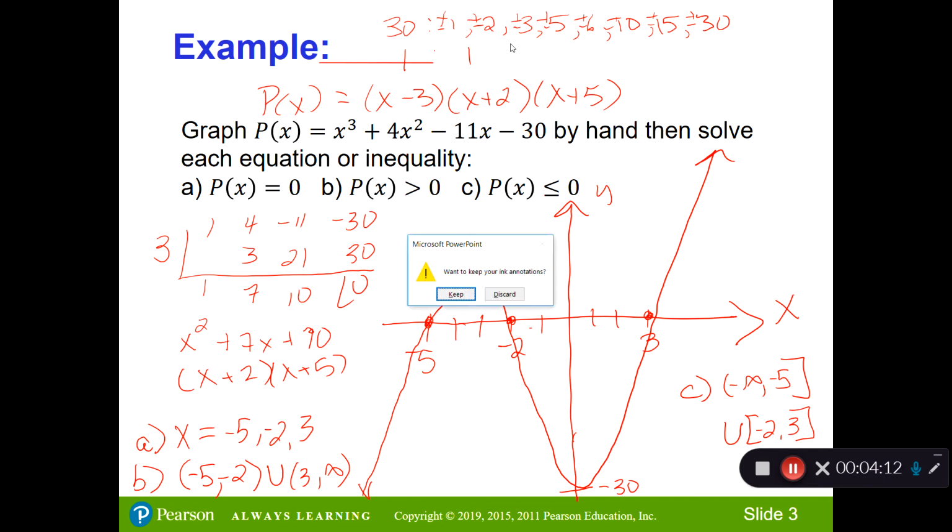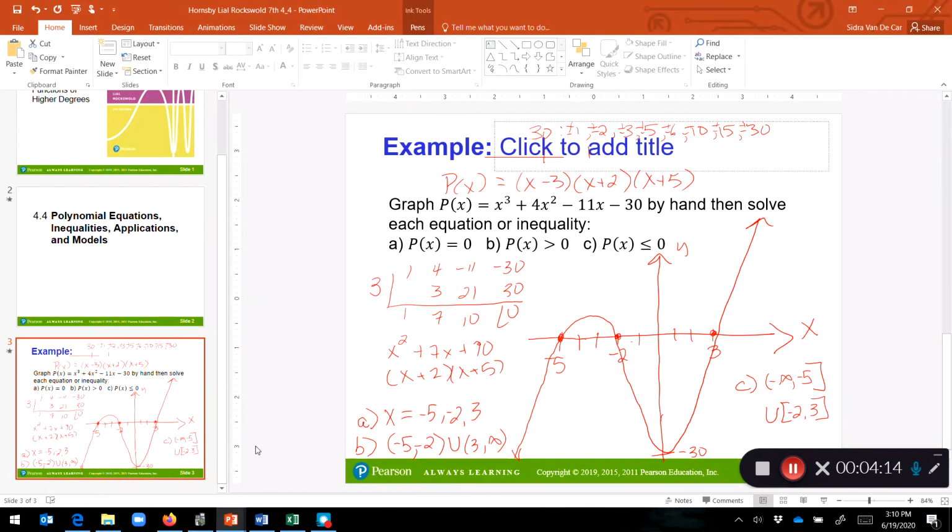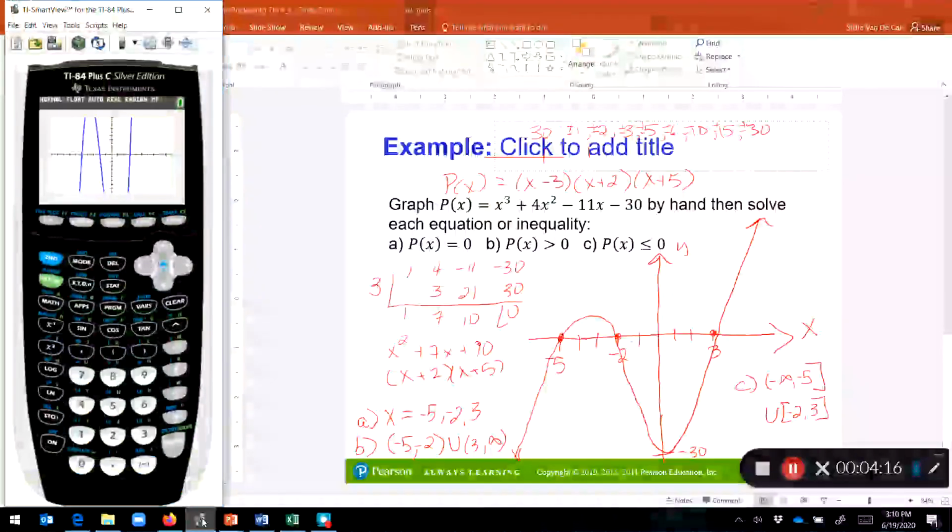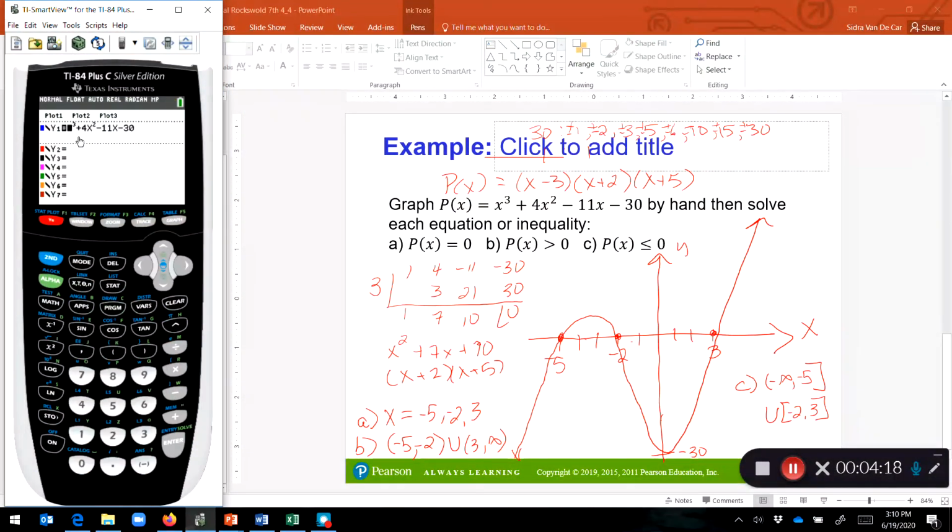So now, if I go to my graphing calculator and I graph this equation, I see my graph looks something like this, basically what we drew. And I can see that we're above the x-axis here and here, below the x-axis this way, and in between here. Now to find these zeros, you can use second and the trace key to bring up the calc menu.